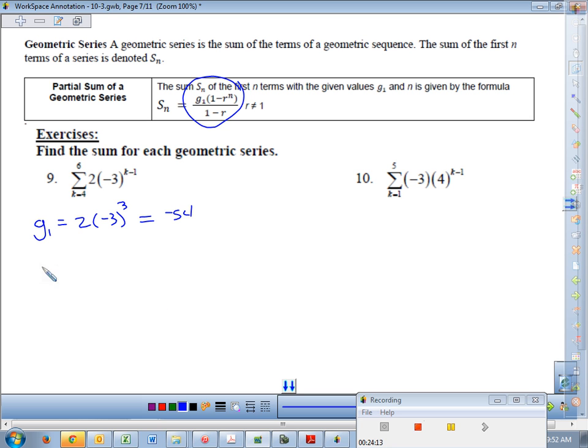What do you want next? R. It's basic. You can read it from the notation up here. What's the rate? Negative 3. And then N is high minus low plus 1. Aren't there 3 of those puppies? Use this formula now to add them up.